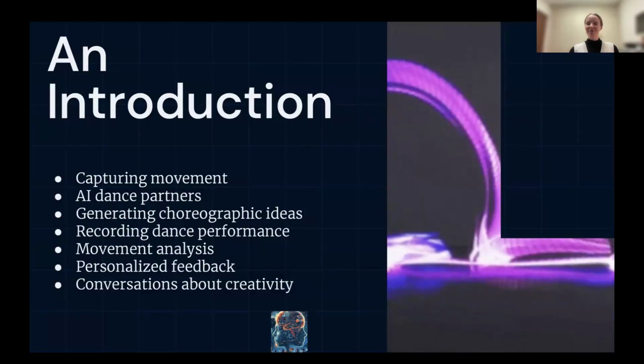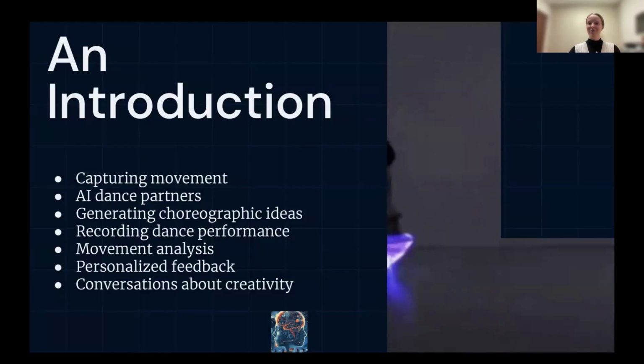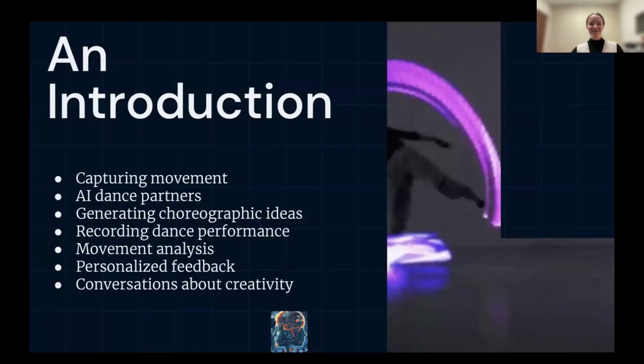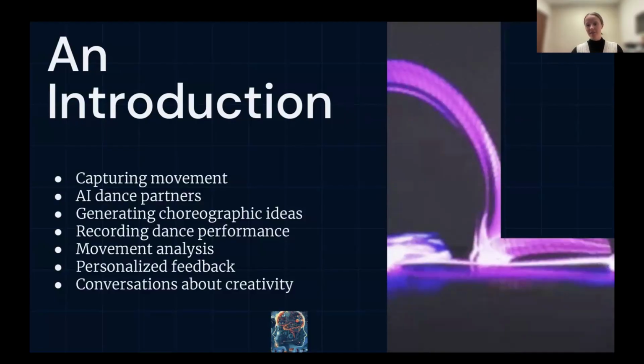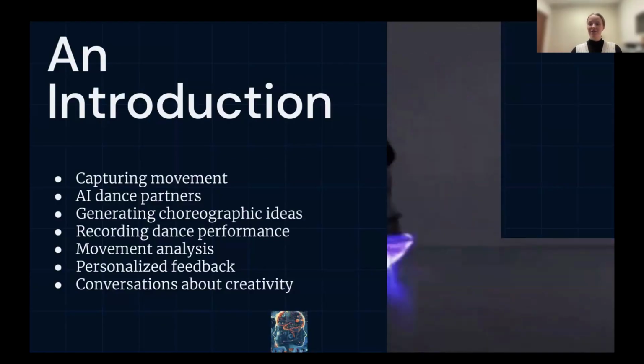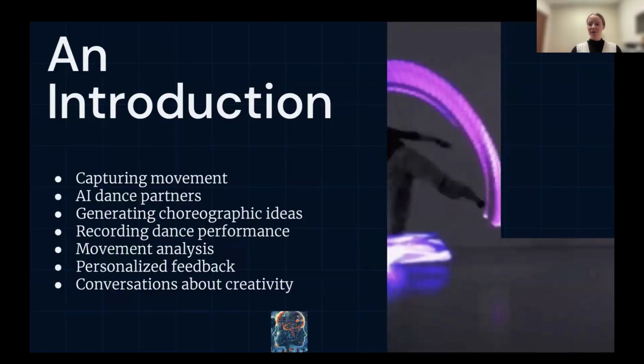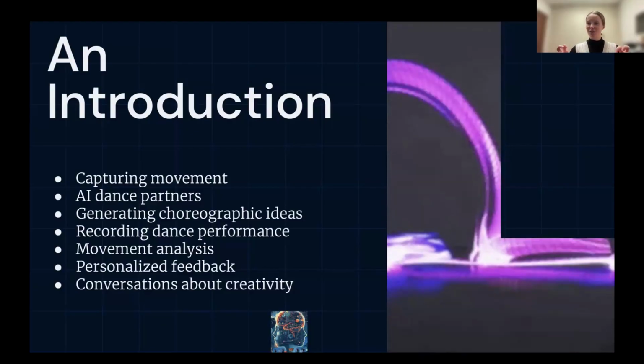Thinking about recording dance performance, so how to take the ephemeral dancer and write what that movement is, thinking about the archival process of dance choreography. I saw it being used for movement analysis and maybe ideas about its use for personalized feedback, sort of AI being a dance teacher that could watch dance movement and be able to give some feedback on technique.